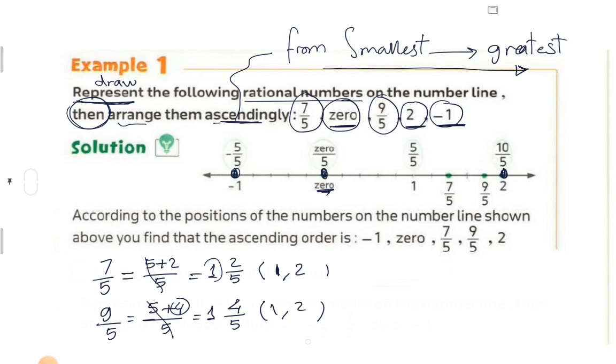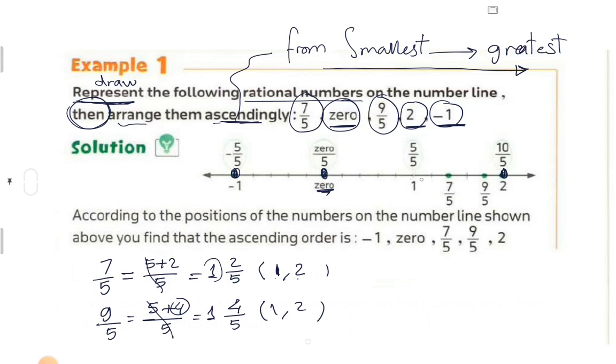So now, where exactly is 1 and 2 over 5 located? I know 1 is here, but where is 2 over 5? Just divide the distance between 1 and 2 into 5 parts.